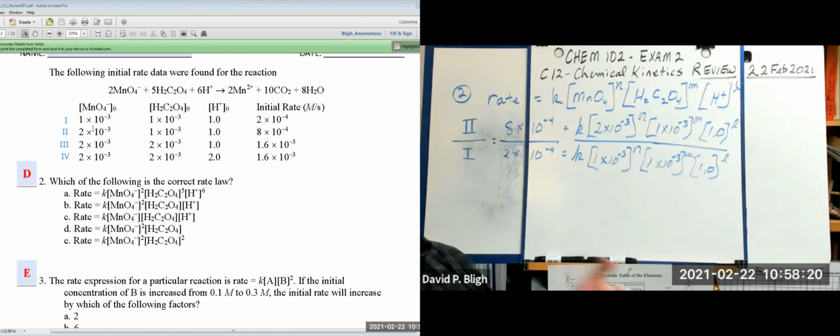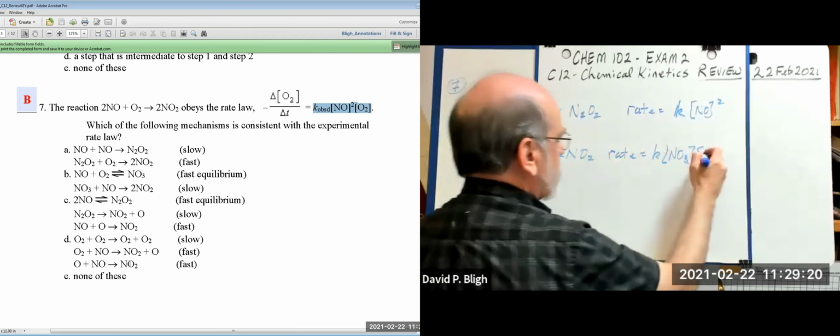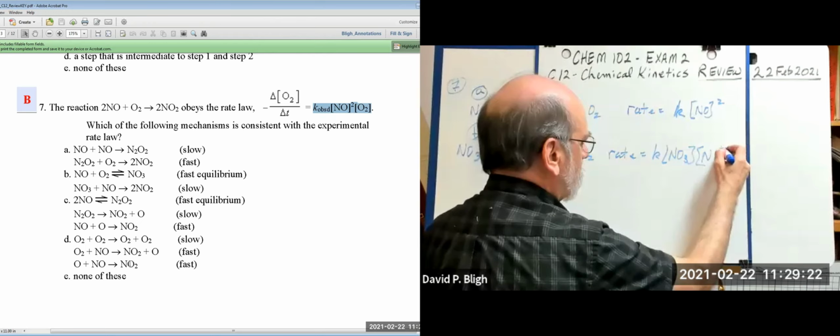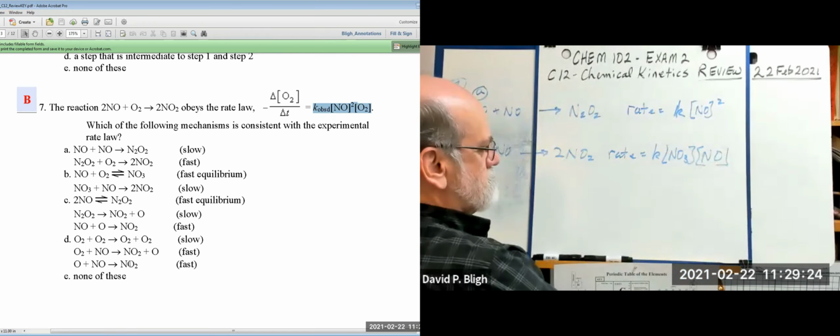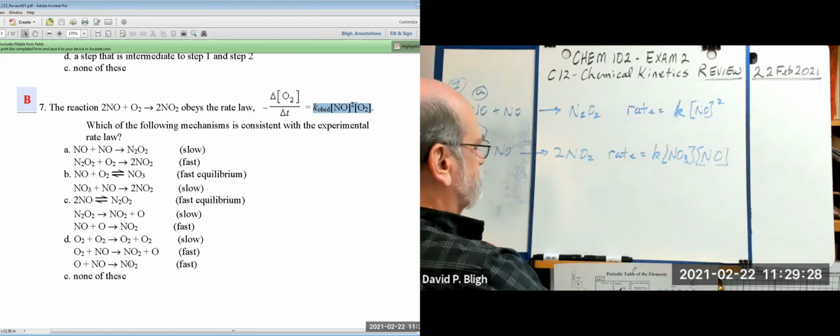Yeah, that's the slow step. Okay. So the rate expression for this one would be some K, NO3, and then NO. Right? Okay.